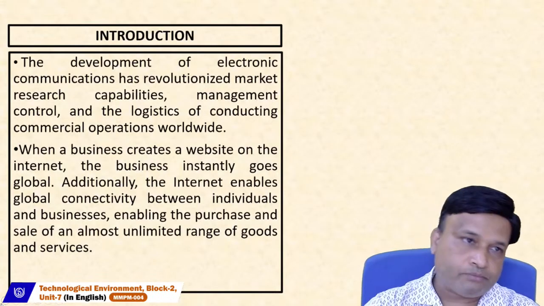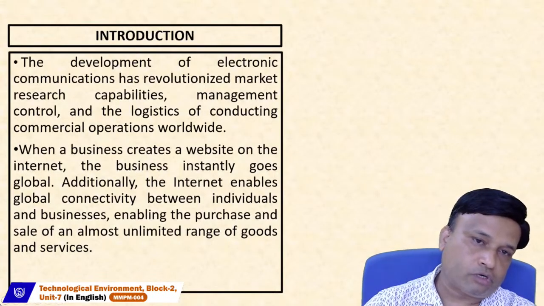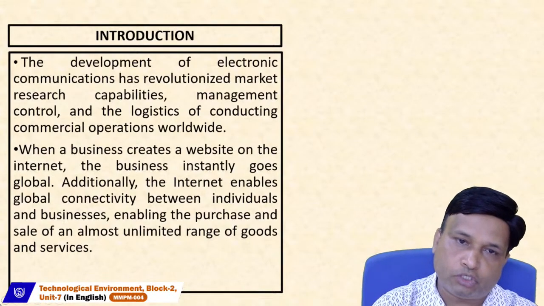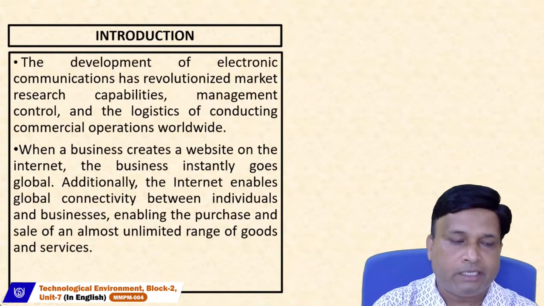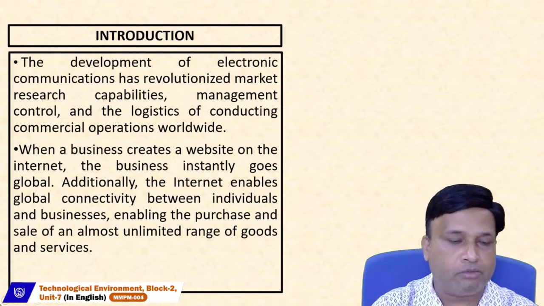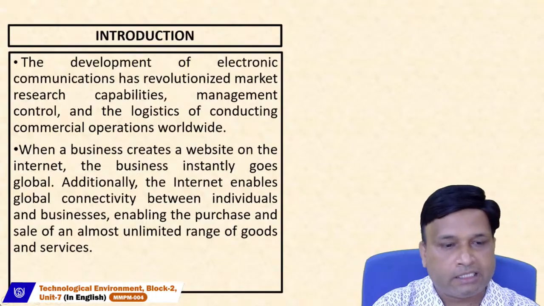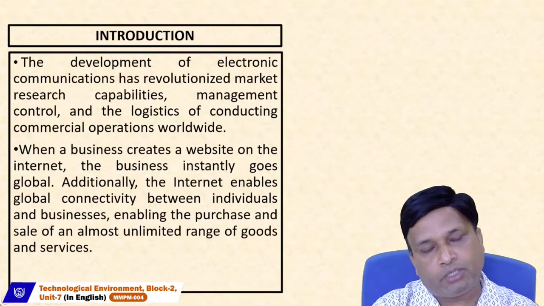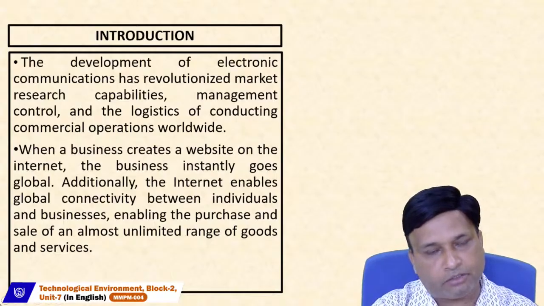So the first point is that it has revolutionized market research capabilities, management control, and logistics for conducting commercial operations. The second point is that it enables global connectivity between individuals and businesses, enabling the purchase and sale of an almost unlimited range of goods and services. That is the benefit you are getting as far as the technological environment is concerned.